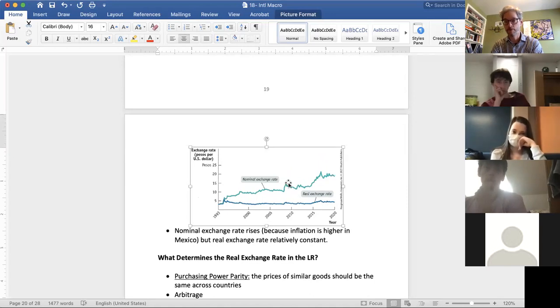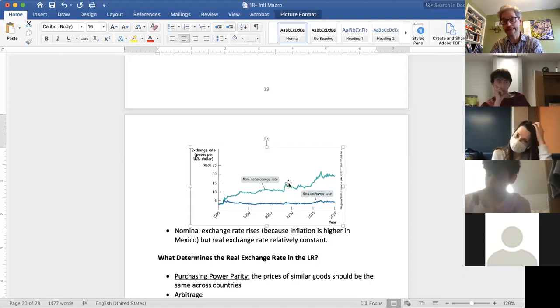So the peso is depreciating versus the dollar over time here. But the dark blue line is the real exchange rate. And notice how that's flat, right? What does this tell us?